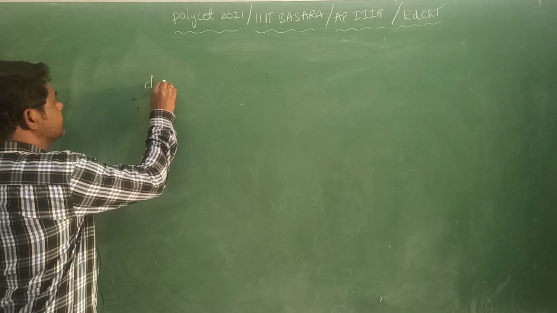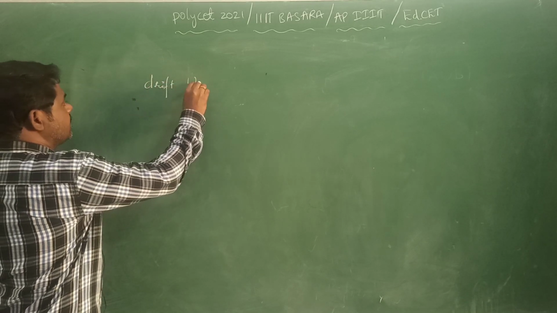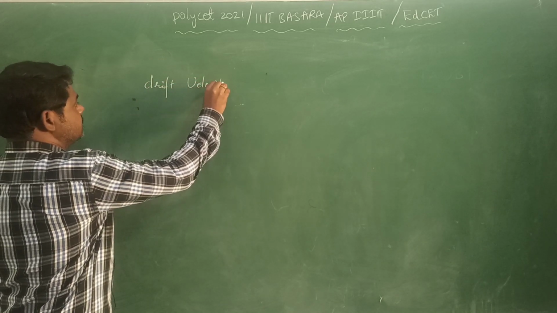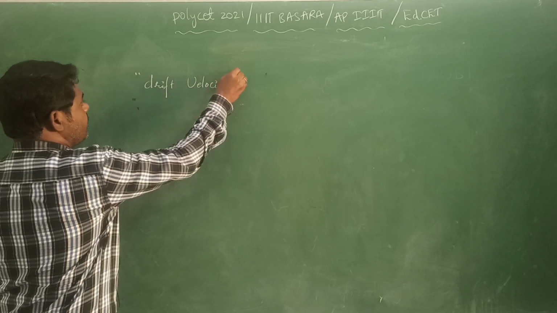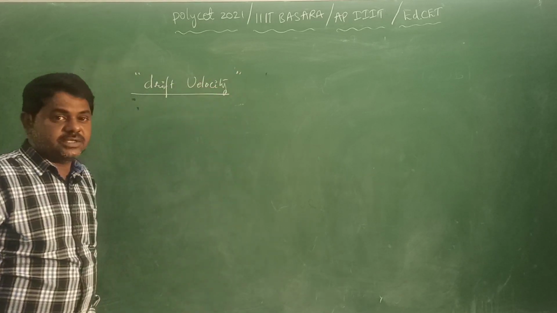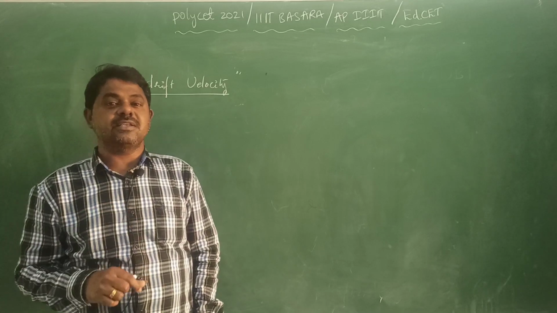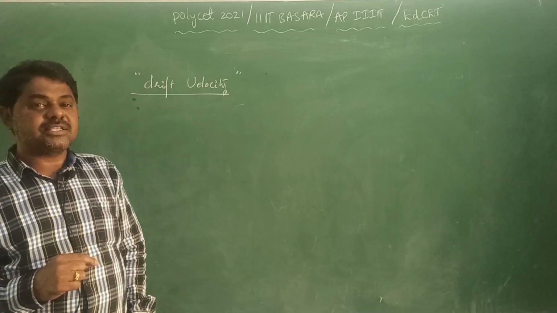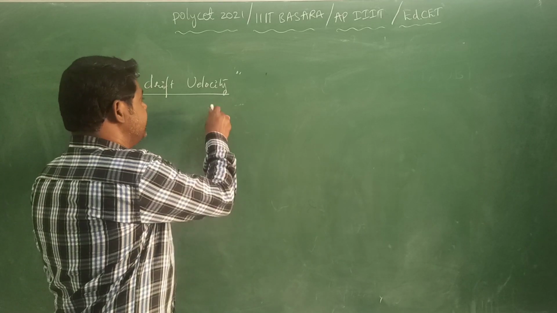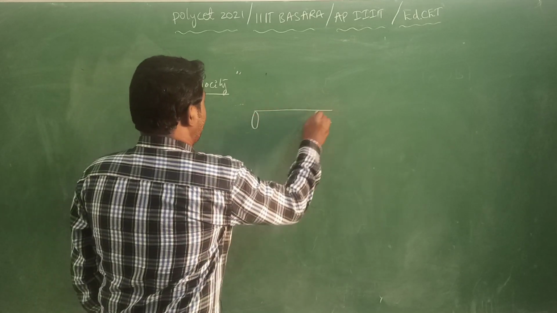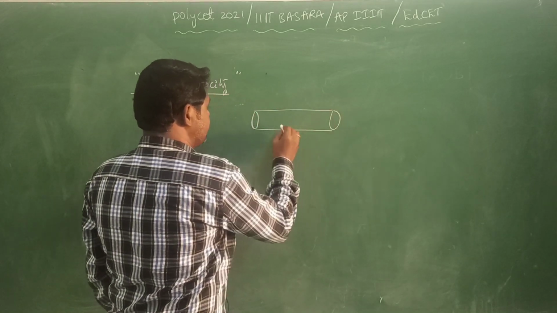Drift velocity. So the next concept is drift velocity. Drift velocity means this is a velocity acquired by the electrons.